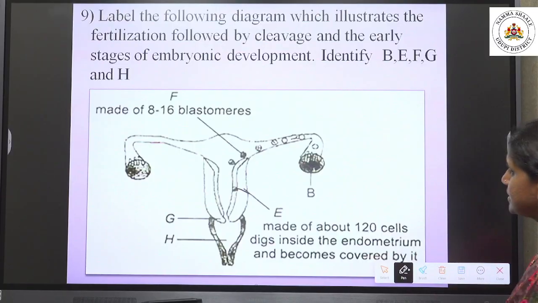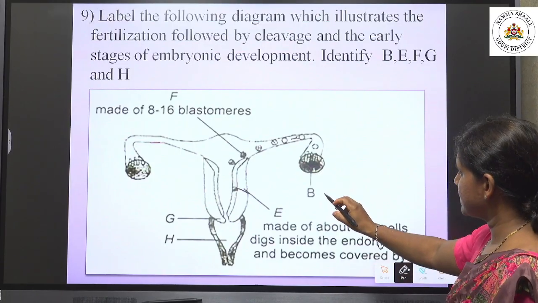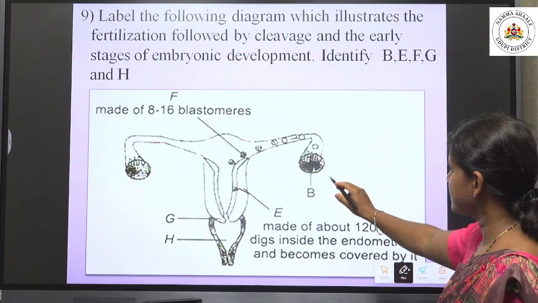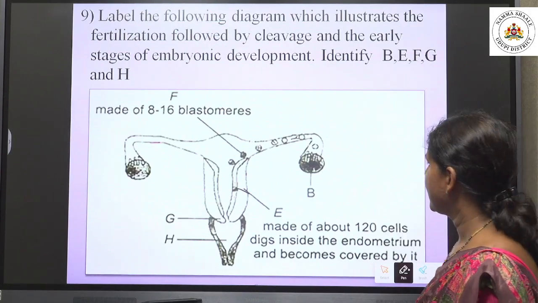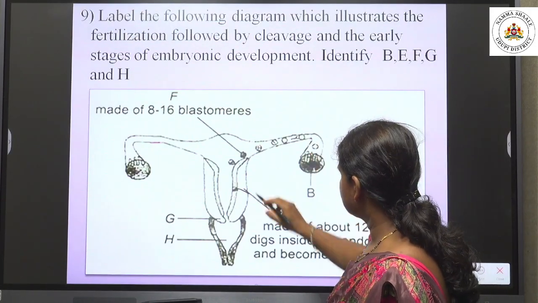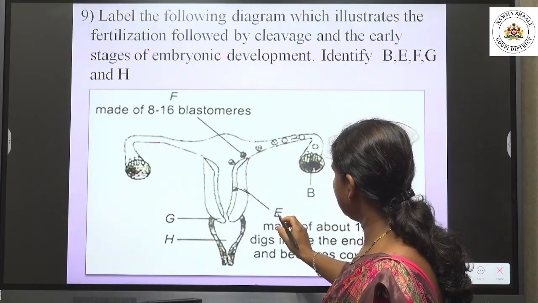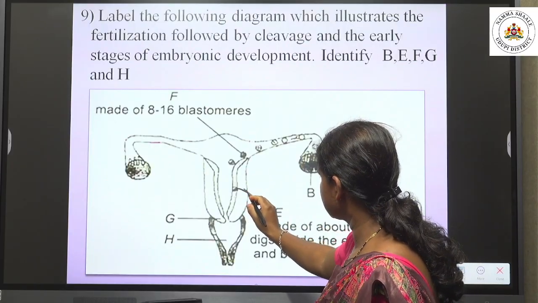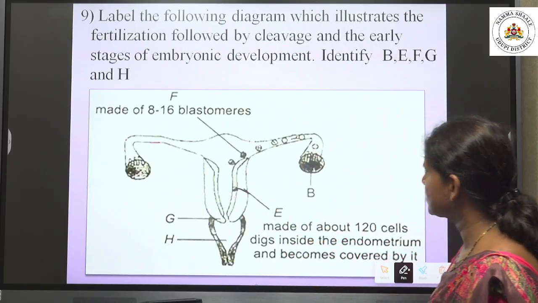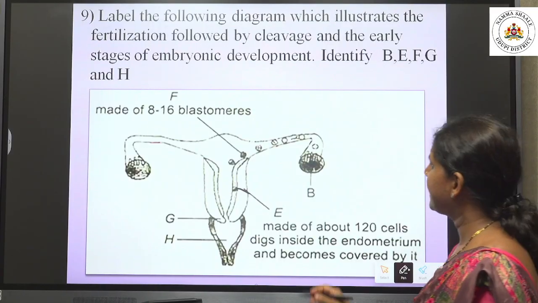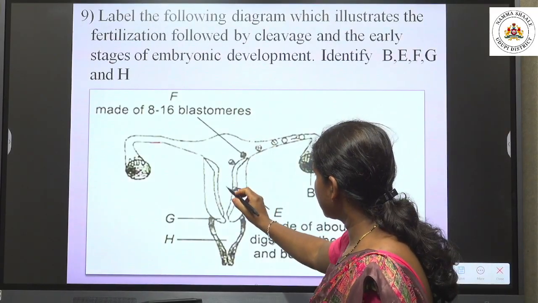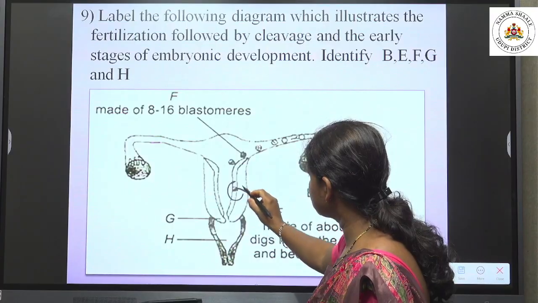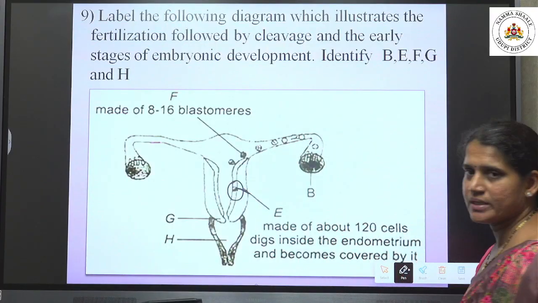Here the different labelings are given. B is the ovary. E is the implanted blastocyst, the implantation of the blastocyst which is attached to the wall of the endometrium of the uterus.